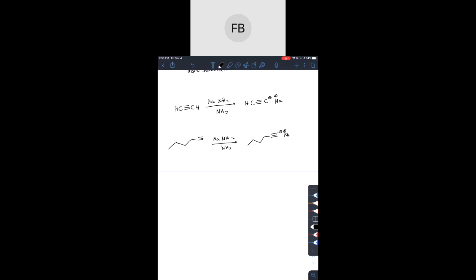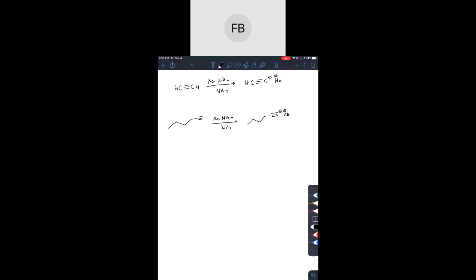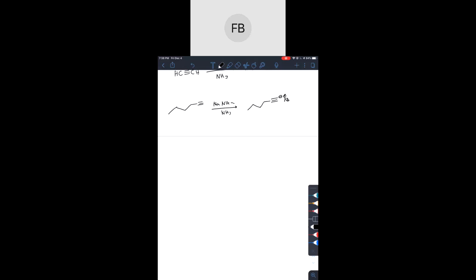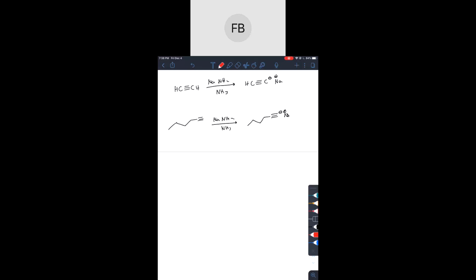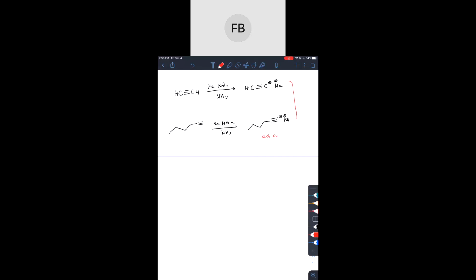Now, this negatively charged carbon is actually really useful because we can use it in two ways. They can act as nucleophiles or bases. Let's go over the nucleophile example first.